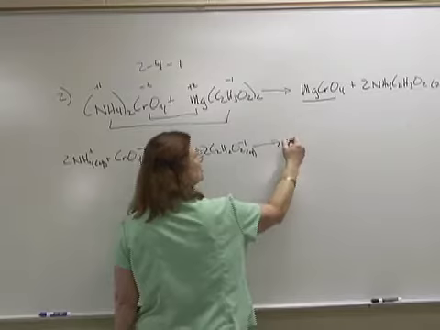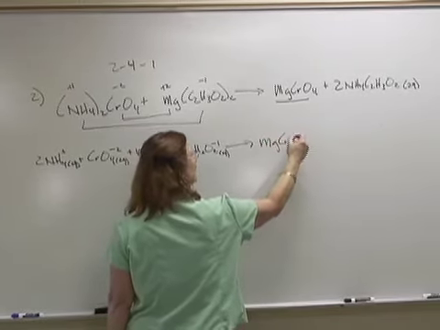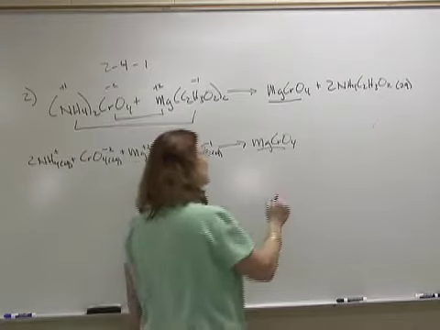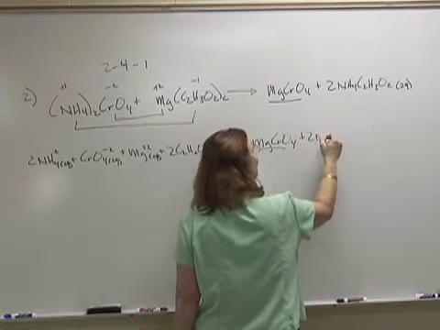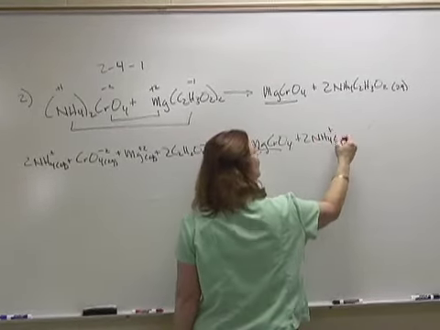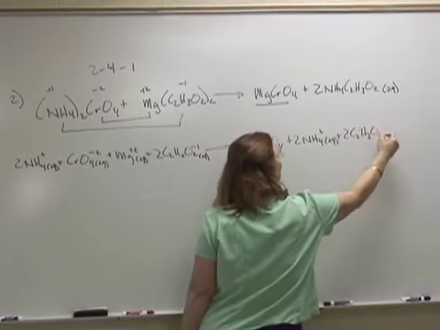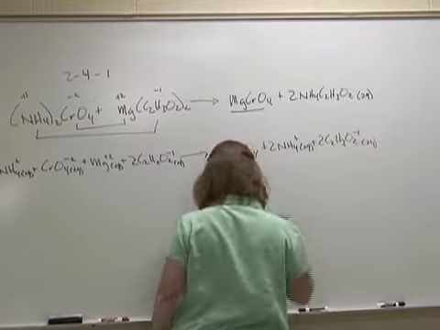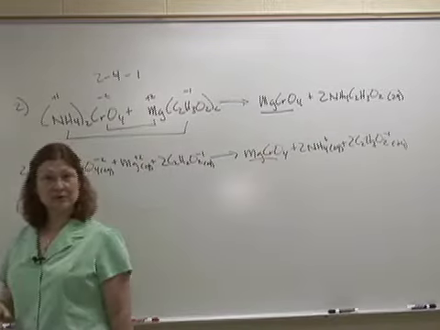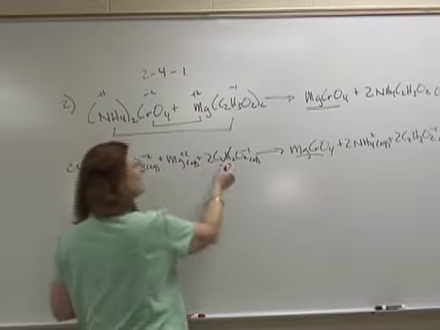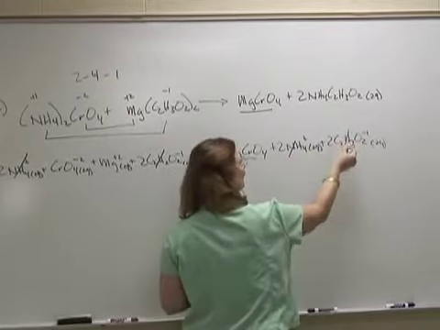And I get my solid, which stays together. I cannot separate a solid, but I do separate all my aqueous into their ions. And the things that are identical on both sides of the equation are my spectators. And that would be the ammonium and the acetate.